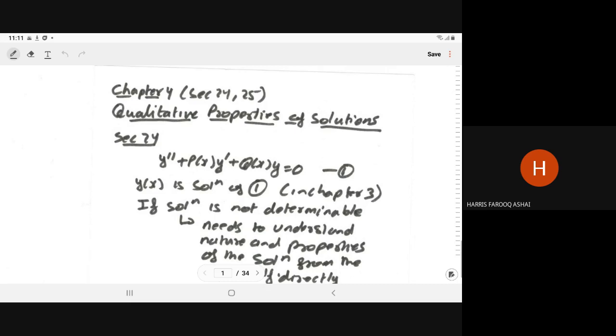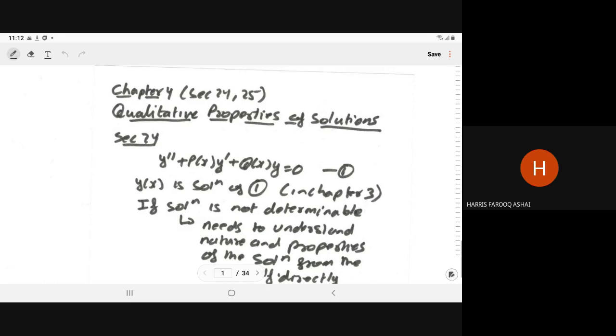So what I was telling you is that till now, through various methods, we have solved so many differential equations. But now the question arises: can we solve all the equations? There are so many equations depending on different physical processes. We can have infinitely many equations.